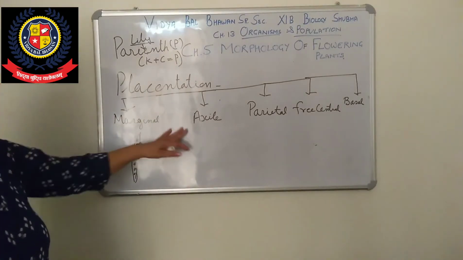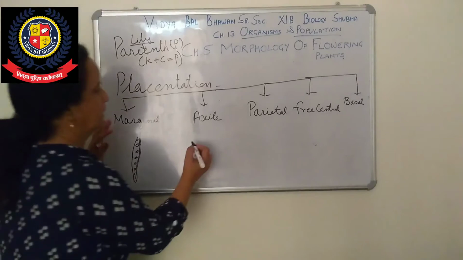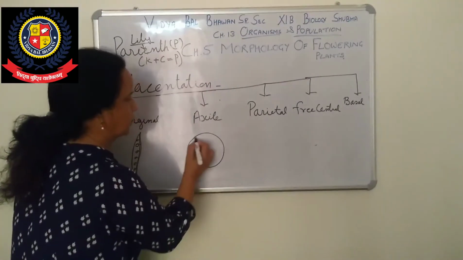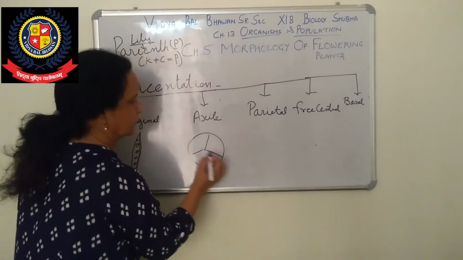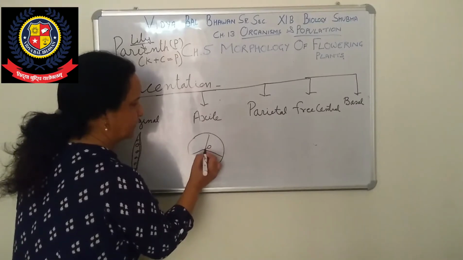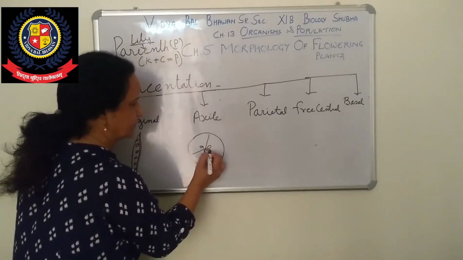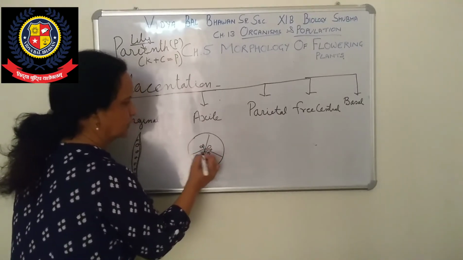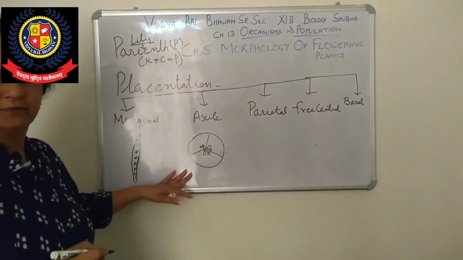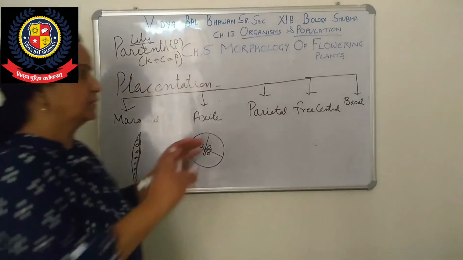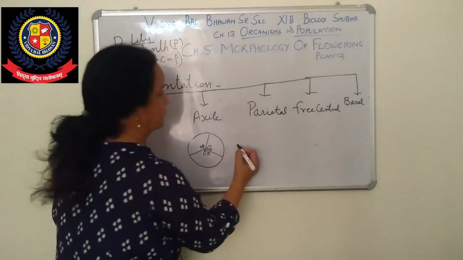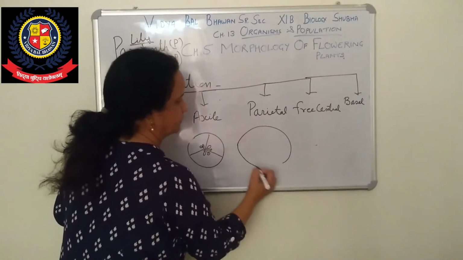In axile, the ovary is multilocular, and the ovules are attached at the center like this. This is called axile.